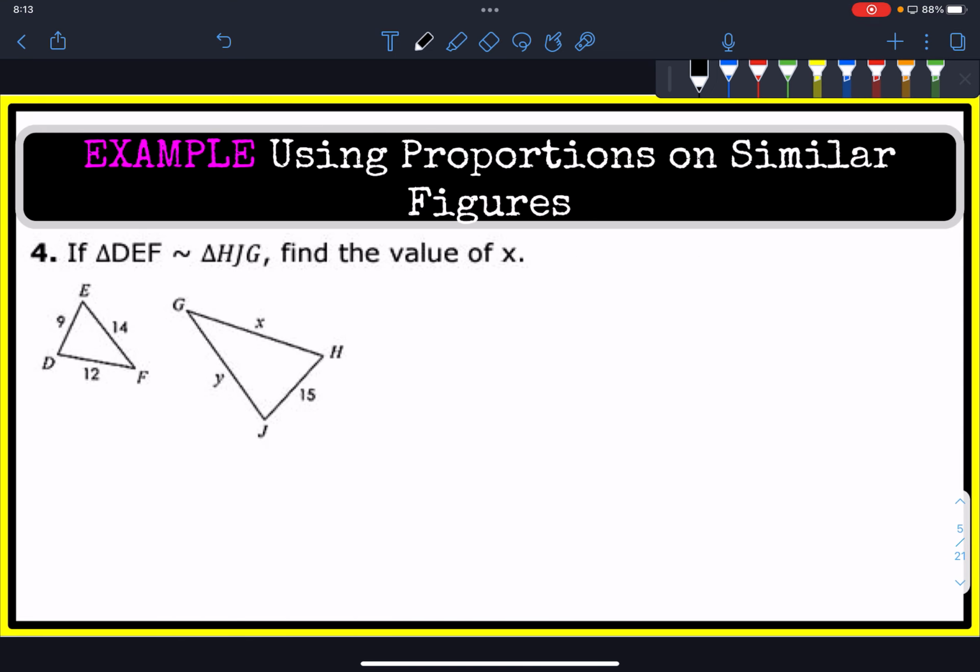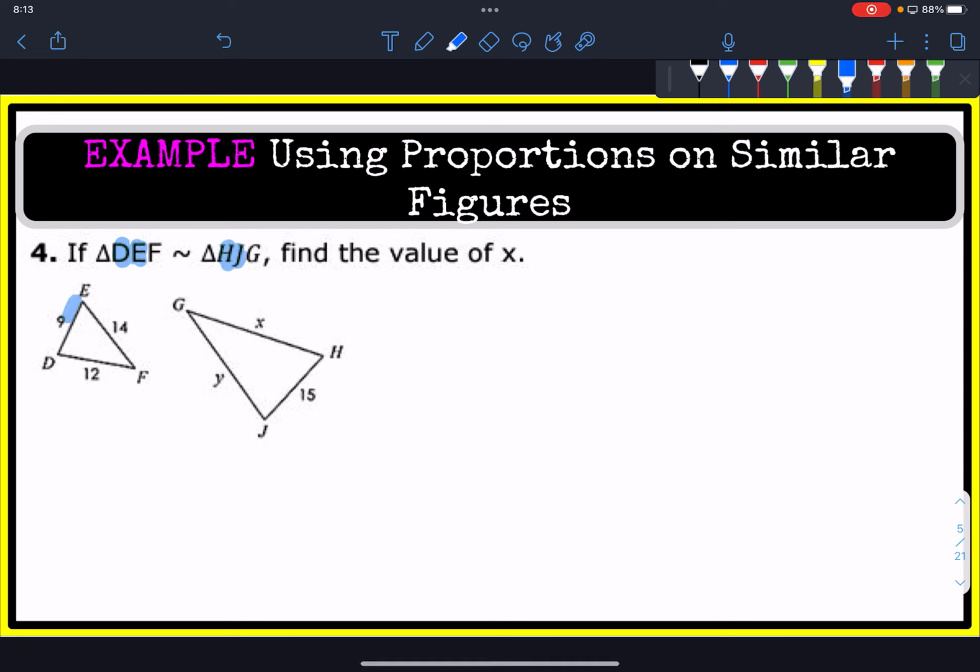So like in this example, using the similarity statement, I can find the value of x by looking at the proportional sides, or the corresponding sides, and setting up a proportion. So like right here, because of the similarity statement, I know that the side DE corresponds to HJ.